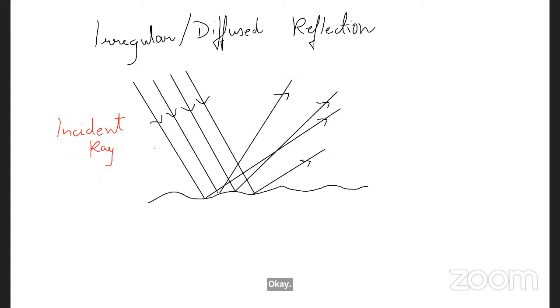This is the incident ray. These are the reflected rays.